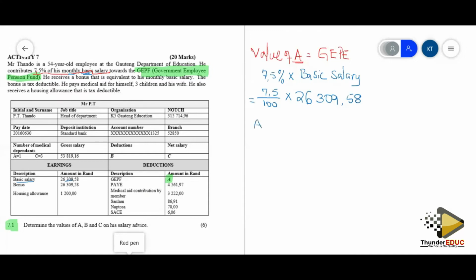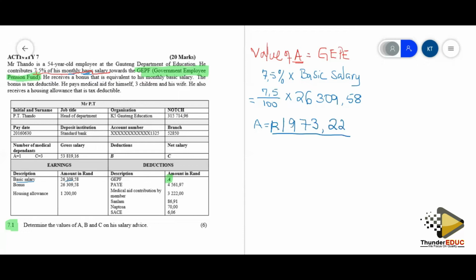So our A will equal to that. You put it in your calculator, and the answer becomes, our A is 1,973.22. I'm rounding off to 2 decimal places because I'm looking at money. So these are rands.